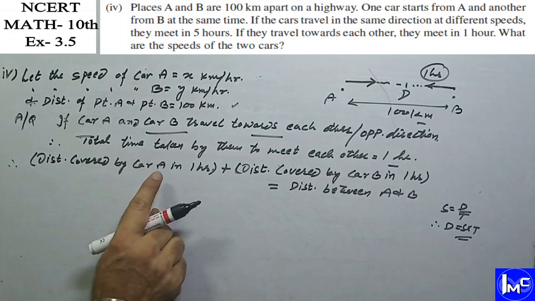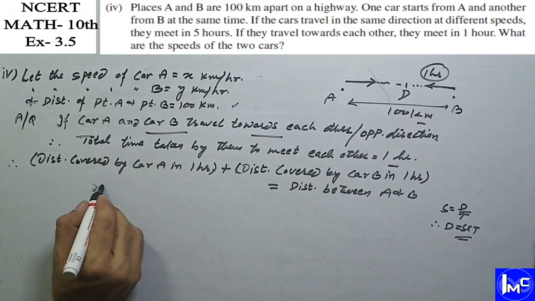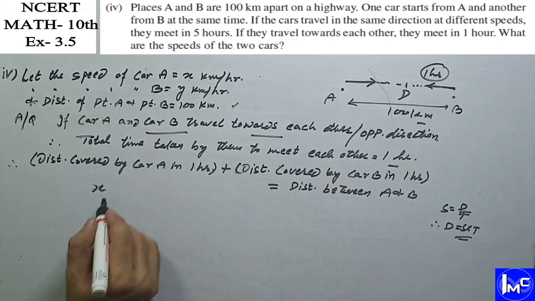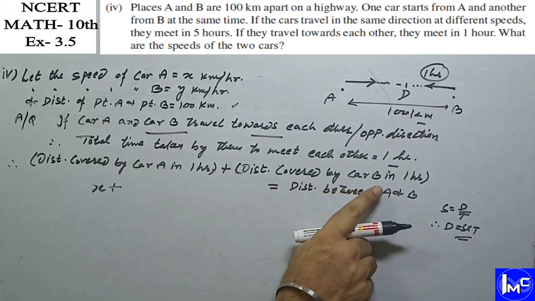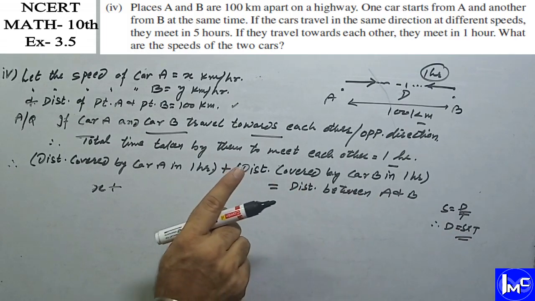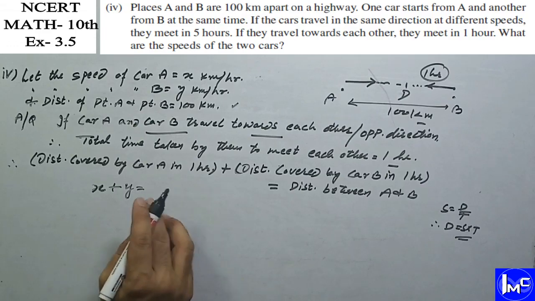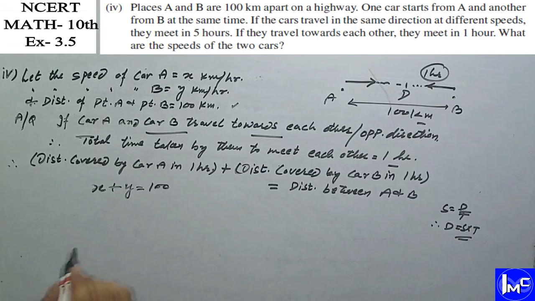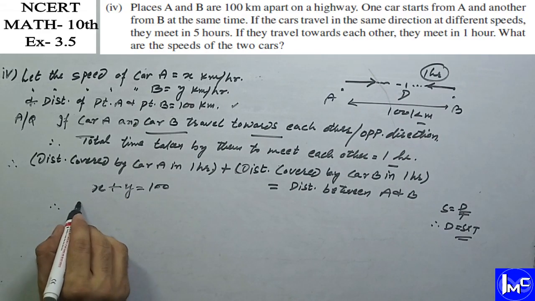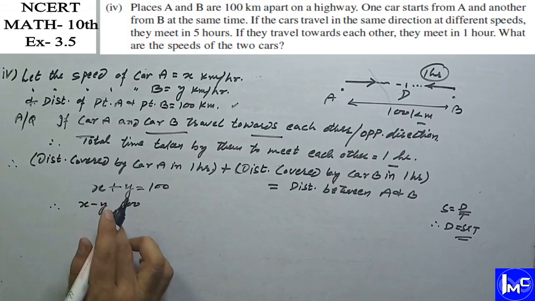The distance covered by A in 1 hour is 1 times x, that will be x, and the distance covered by B in 1 hour is 1 times y, that will be y, and the total distance is 100. So x plus y minus 100 is equal to 0, and this is our second equation.